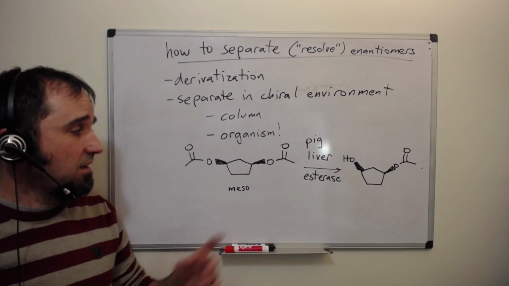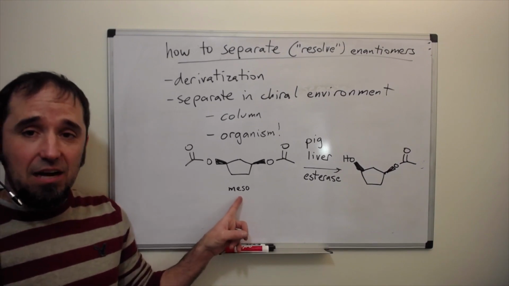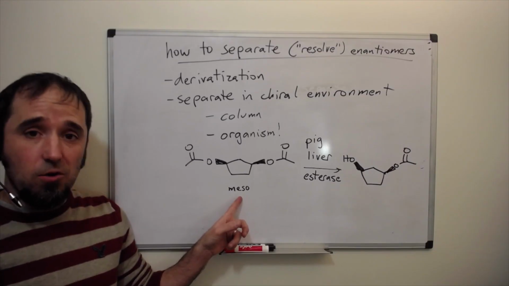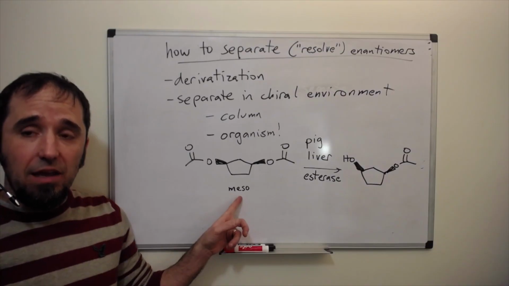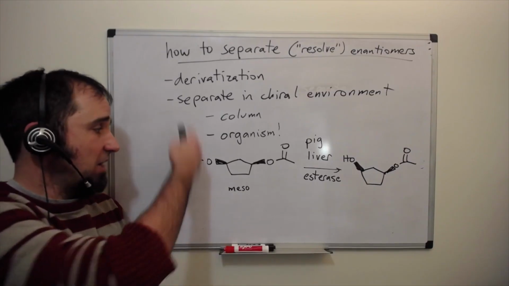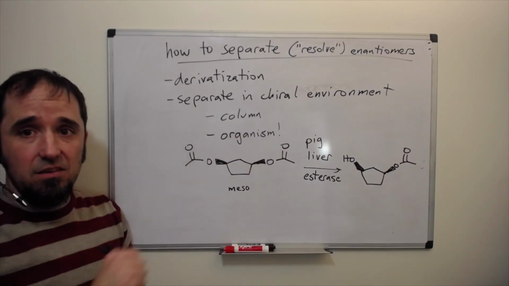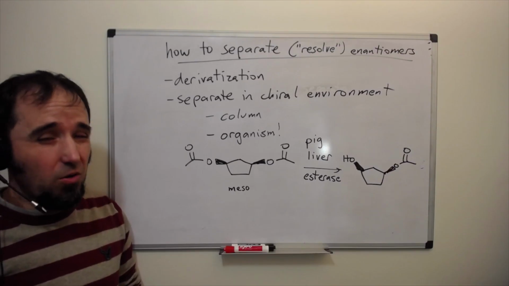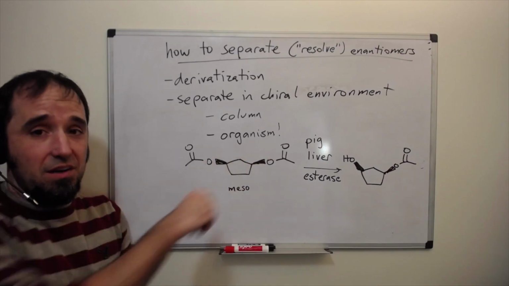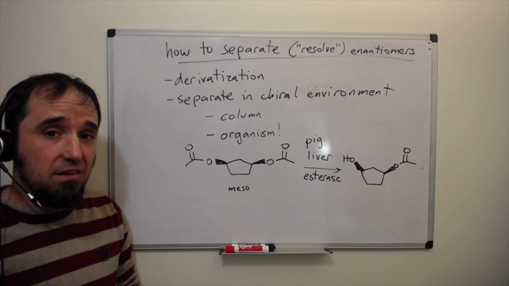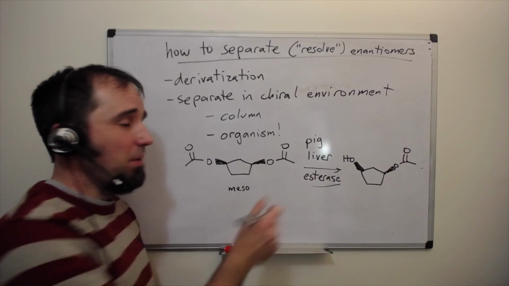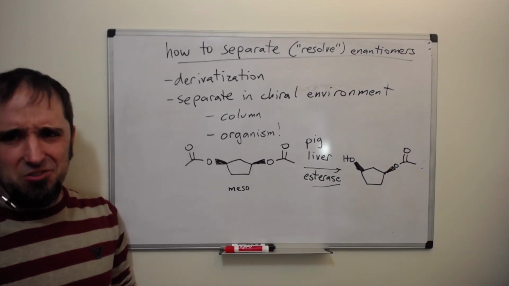So for instance, say chemists have a compound that looks like this, a diester. It's a meso compound. So in the lab, if I wanted to chop these ends off to get one OH or the other, that's a tall order. I don't know any way that I can pick one off but not the other. But people can use an enzyme from pig livers, pig liver esterase.